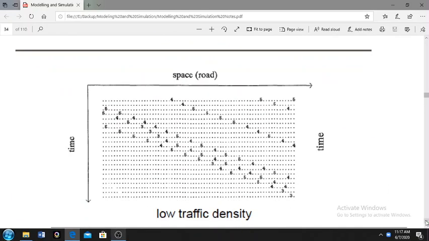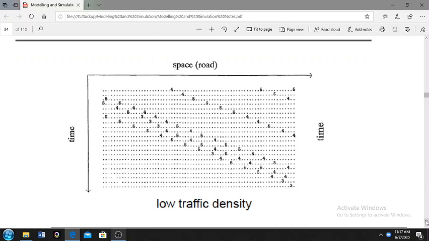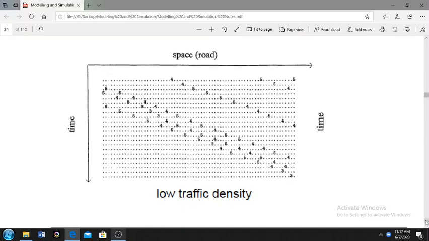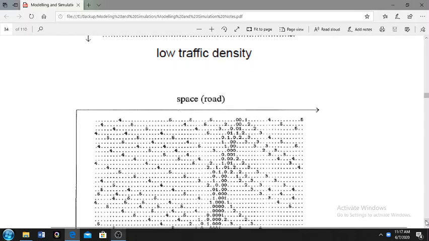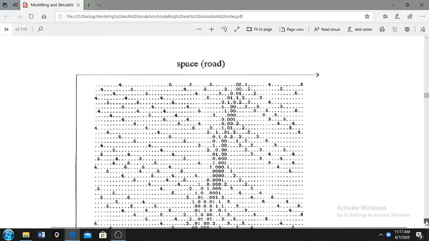For example, before 1992, AB was still a very young discipline. We try to depict a low traffic density. Here we have a low traffic density, and here we have a high traffic density.